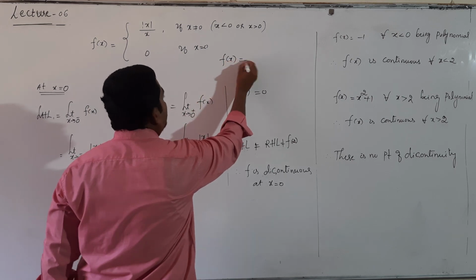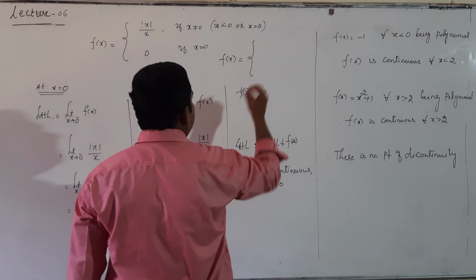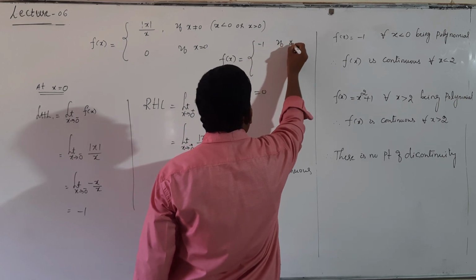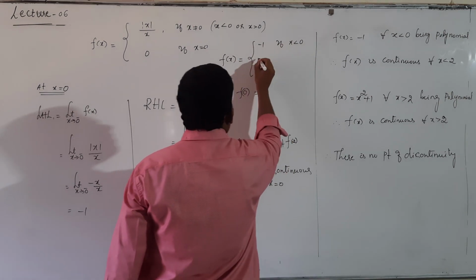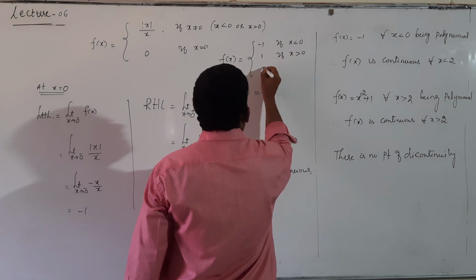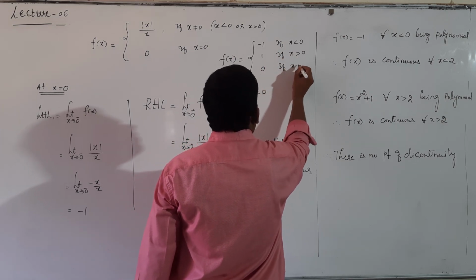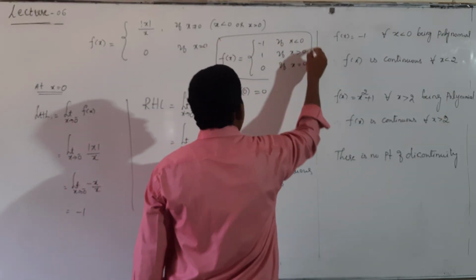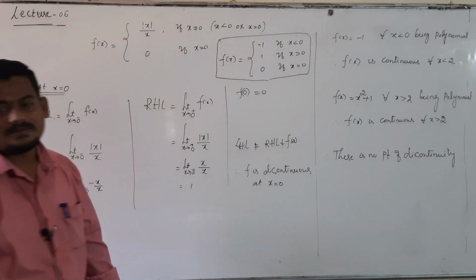F of x can be redefined as minus 1 if x value is less than 0, plus 1 if x value is greater than 0, 0 if x value equals 0. Clearly these two functions are equivalent.